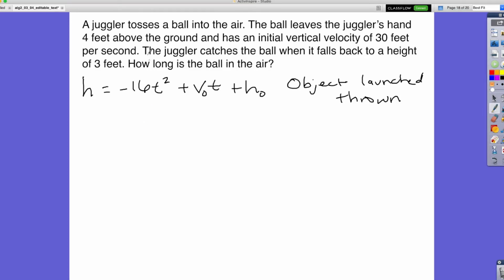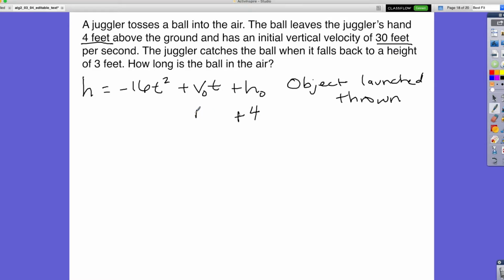Okay, so let's see. A juggler tosses a ball in the air, so it's tossed. Leaves the hand at 4 feet above the ground. Oh, 4 feet above the ground. I have a feeling that's going to be my initial height here. And has the initial velocity of 30 feet per second.